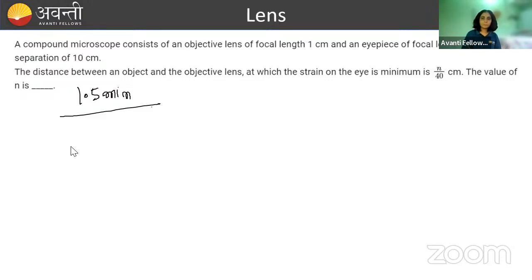Do this question. Let me know the answer, or just solve it. This is a very simple question. Came in 2023. So do it.